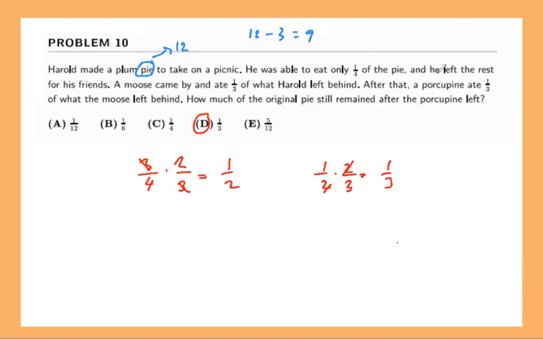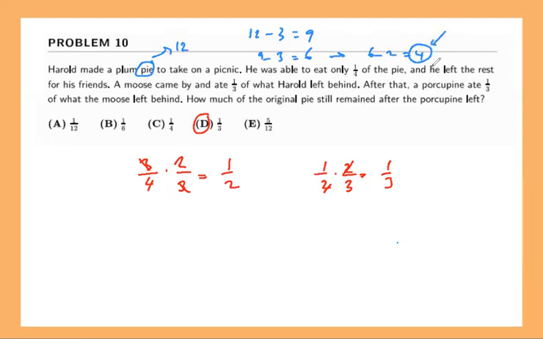After that, this is the portion he left for his friends. But of those 9 pieces left, we are gonna finish 1/3 as well, and 1/3 of 9 is 3. So 9 minus 3 is gonna be 6 left now. And I would like to find 1/3 of this as well. So 1/3 of 6 is 2. So 6 minus 2 is 4. So this is the final number of pieces left over.